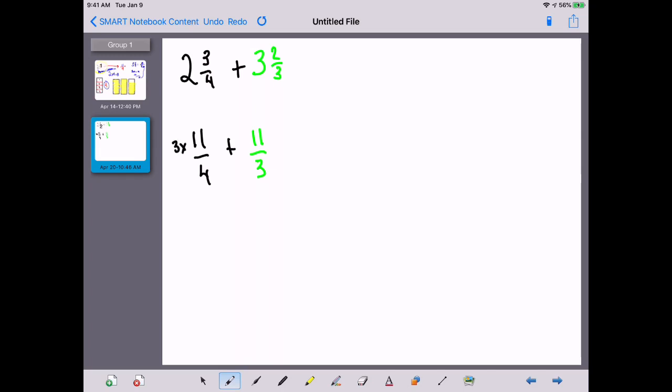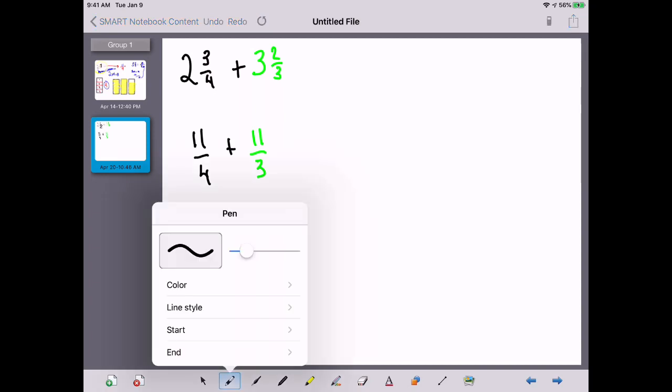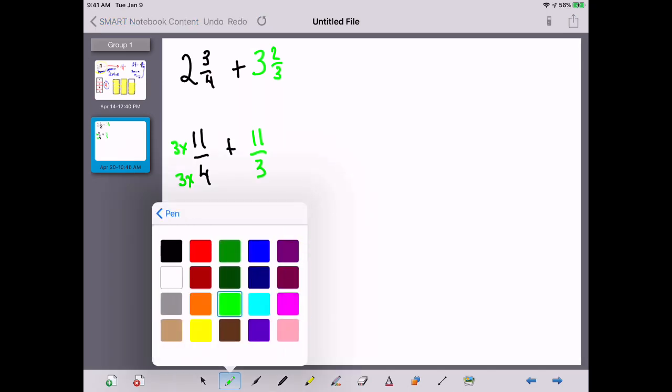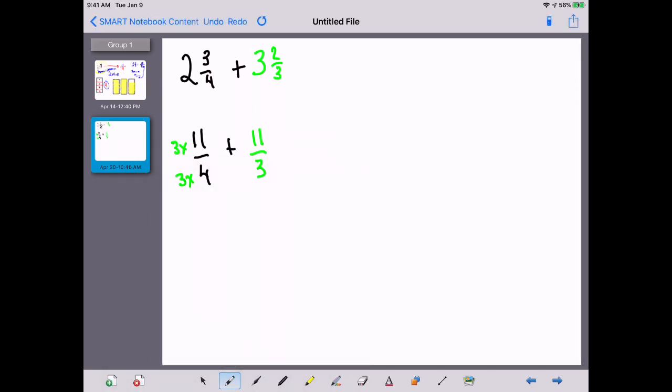Actually, I'm going to turn that into a different color so that you can see where those numbers are coming from. So I'm going to multiply the 11 by 3, and in order to keep this an equivalent fraction, I need to multiply the bottom by 3 as well. Now, the other fraction, I'm going to multiply it by the 4, which is the denominator from the other side.